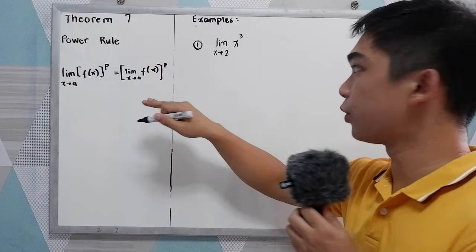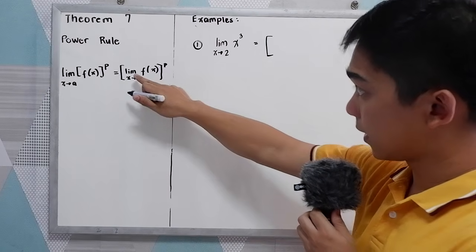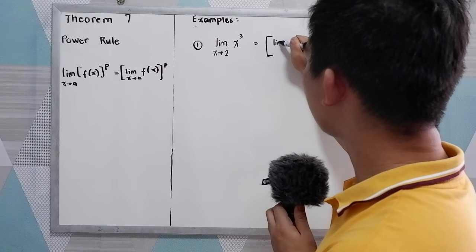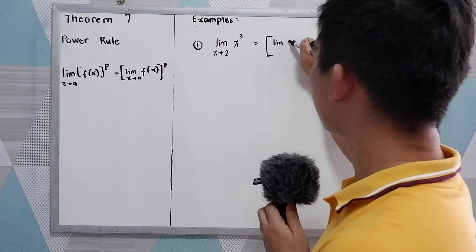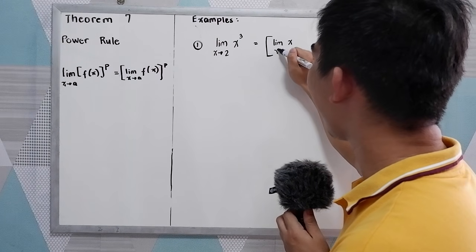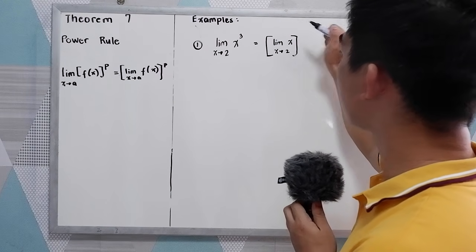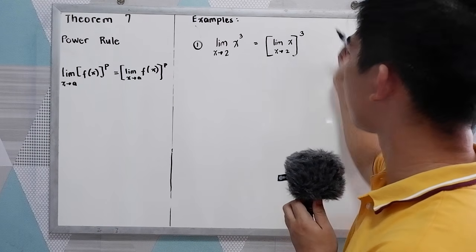Applying our power rule, that is equal to the limit of x as x approaches 2 raised to our exponent, which is 3.